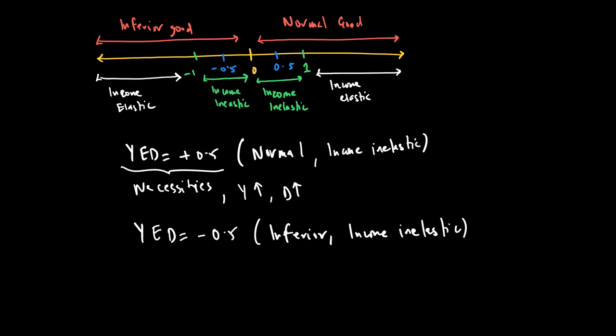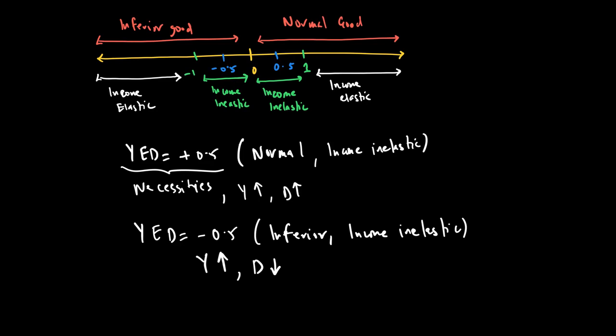It's only for a few days that you move to a better quality, which would be the normal substitute. So if income goes up, my demand goes down, but only by a very small amount, then this means that it is an income inelastic inferior good.